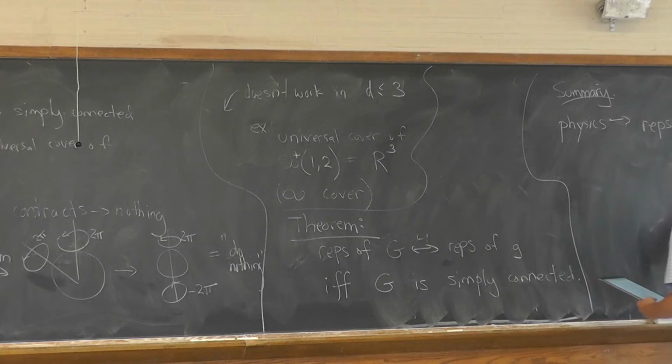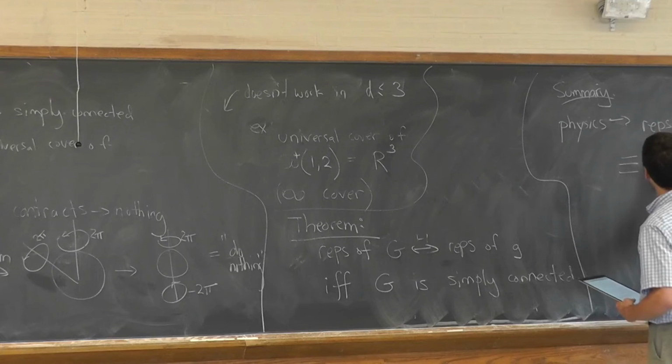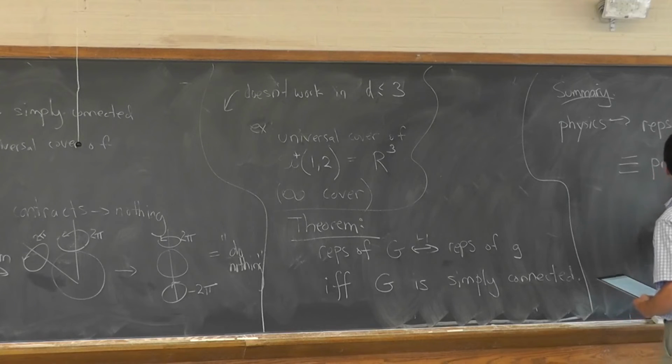Physics tells us that we should think about the reps of the algebra SO(1, d-1), which are equivalent to the projective reps of the Lorentz group, which are equivalent to the actual reps of the spin group.